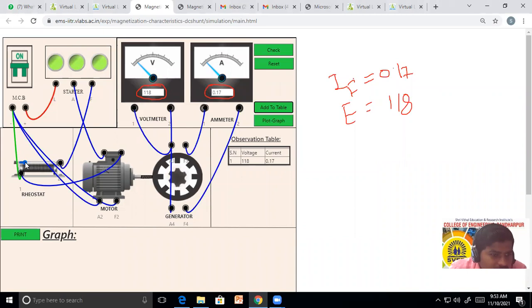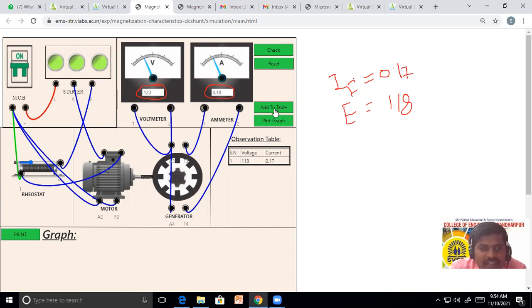Now again varying the rheostat. Suppose I am varying it and taking a reading at about 120. So here the voltage is 120, and the current flowing through the field winding is 0.18.